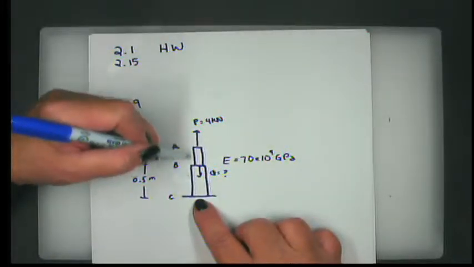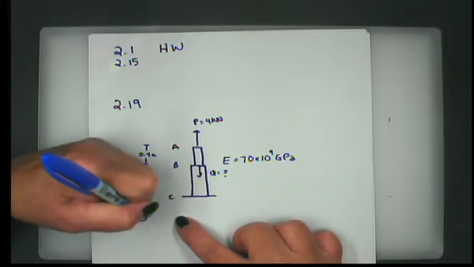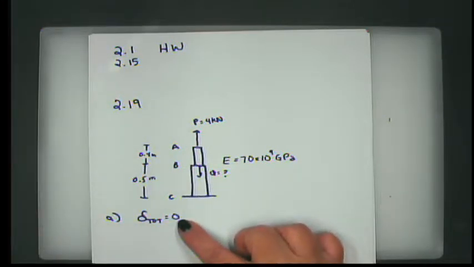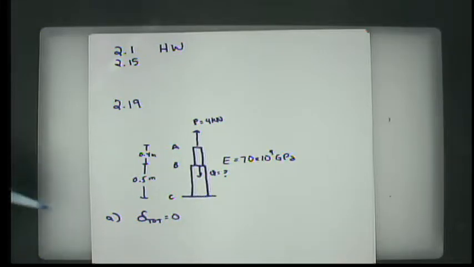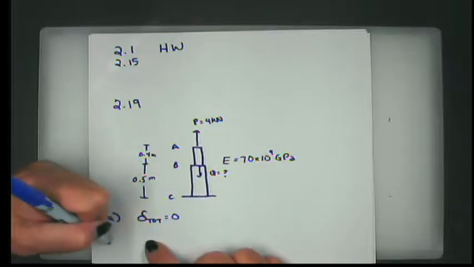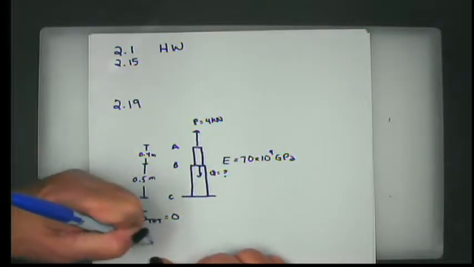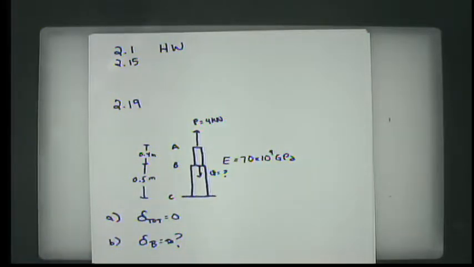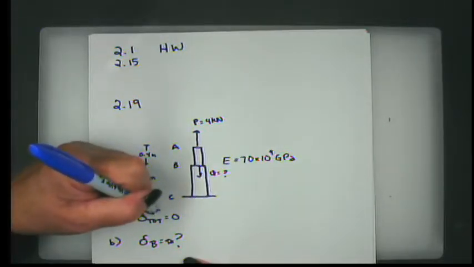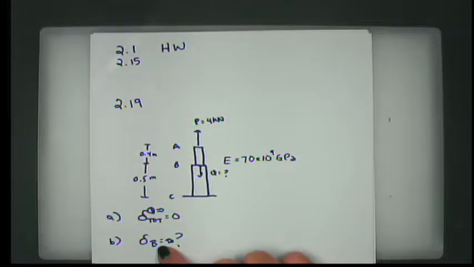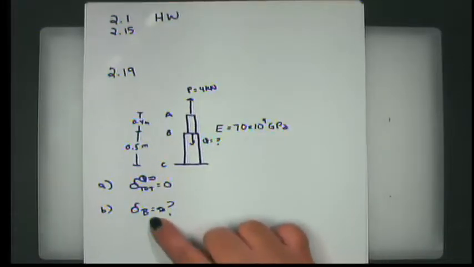Well, since this is a whole rod, that would be del total equals 0. That's the first part. And what is the corresponding deflection at point B? Okay, equals question mark. Right. So we have to find Q such that del total is 0, and if that is the case, then del at B is equal to what?